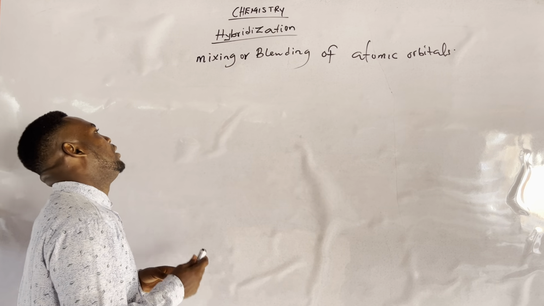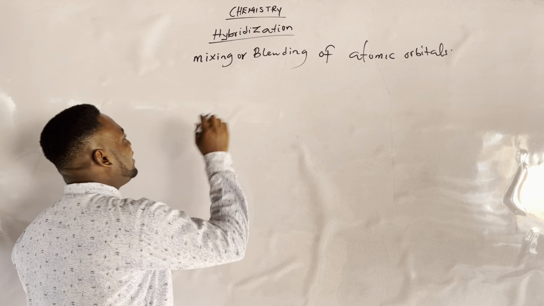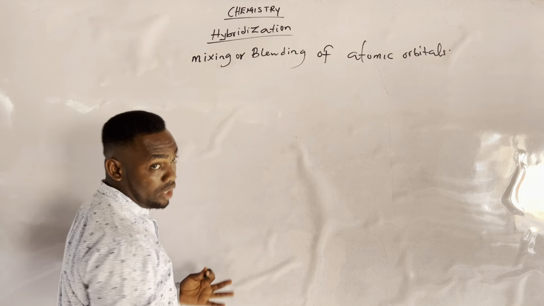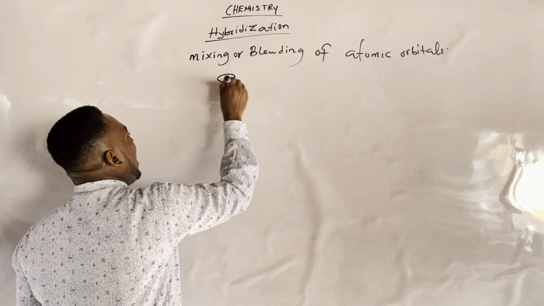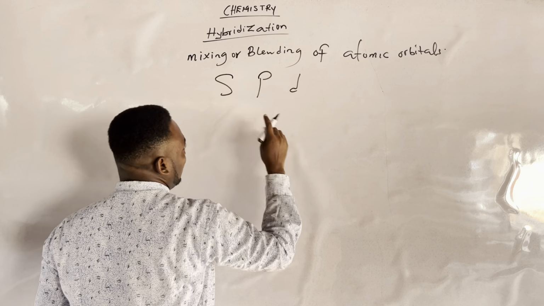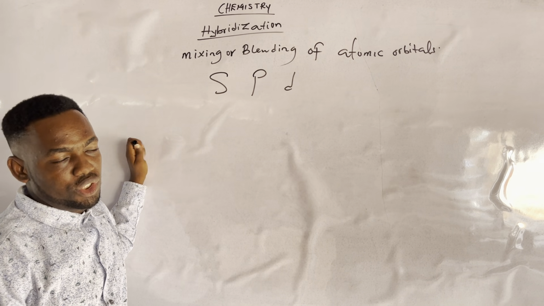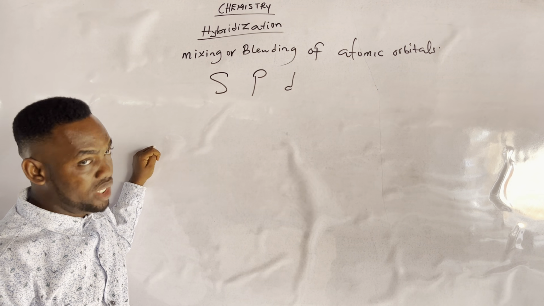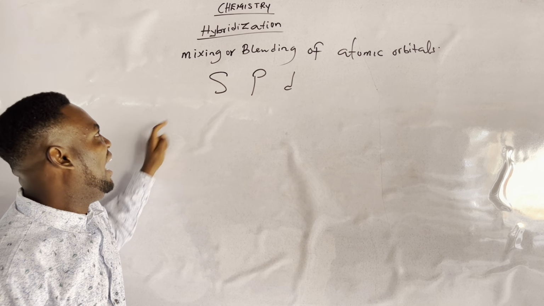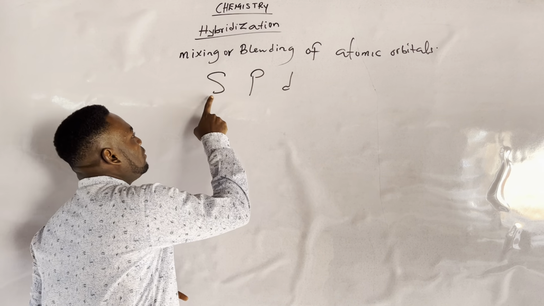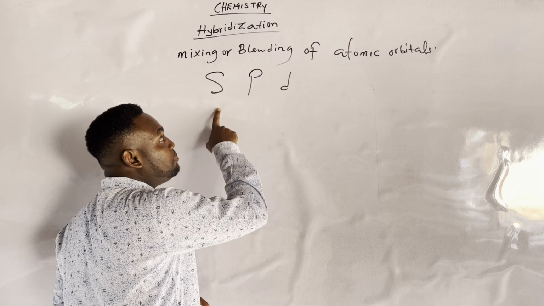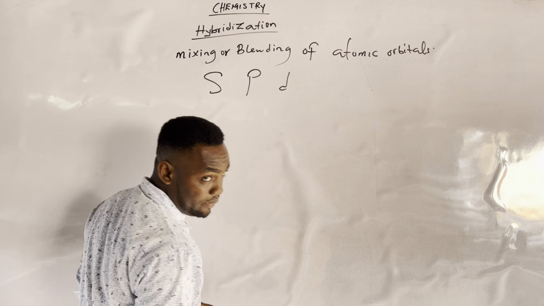All right? Of course, from the basis of chemistry, secondary school days, we know S, P, and D orbitals. There is also the F orbital, but for hybridization, we are not going to include that one. So what do we mean by hybridization? When one orbital is mixed with another.